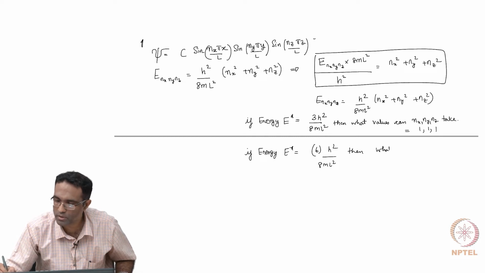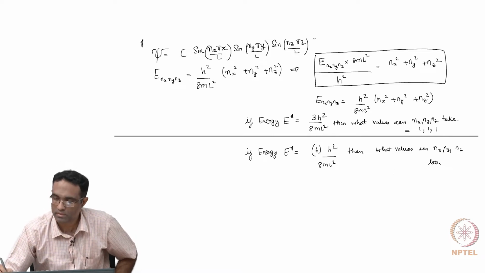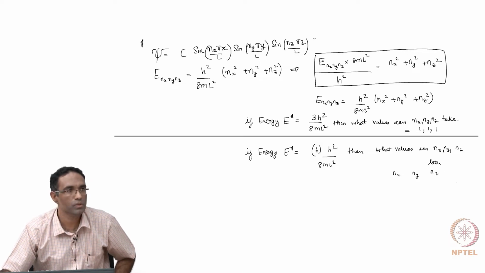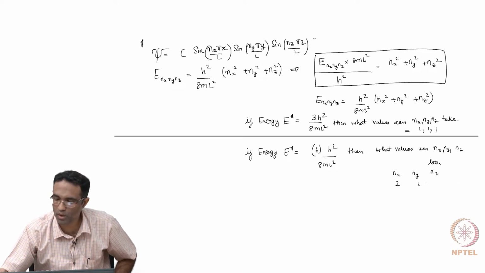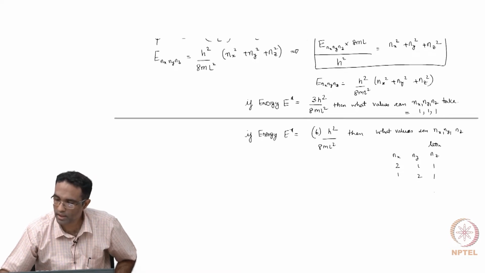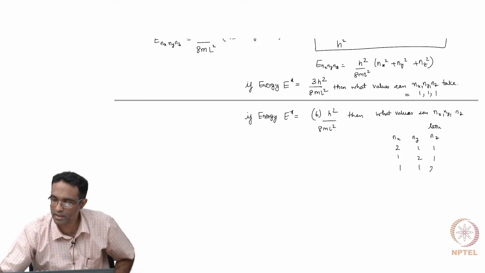Then what values can nx, ny and nz take? 2, 1, 1, right? Then 1, 2, 1, and then 1, 1, 2, right?